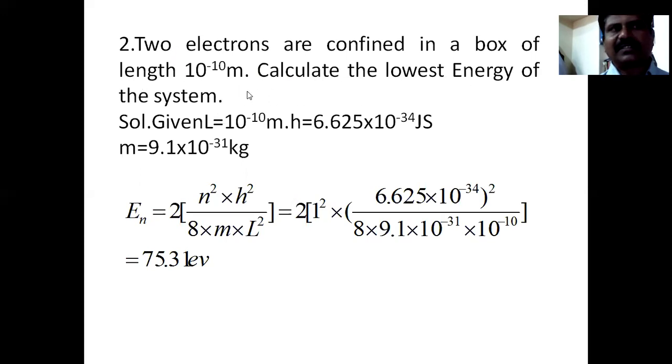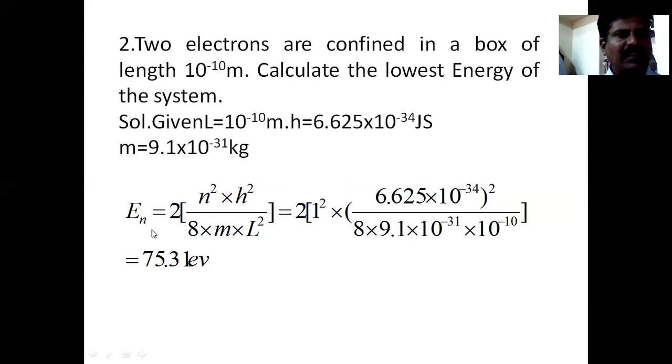Calculate the lowest energy of the system, given the length of the box is 10 to the power minus 10 meter. We are given h equals 6.625 into 10 to the power minus 34 joule second, and the mass of the electron m equals 9.1 into 10 to the power minus 31 kg.